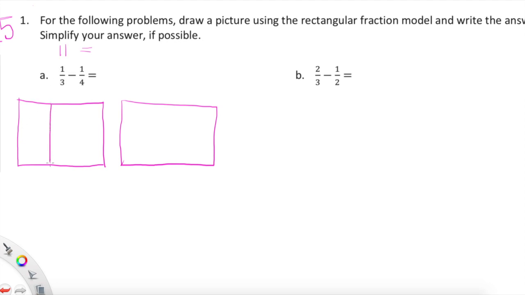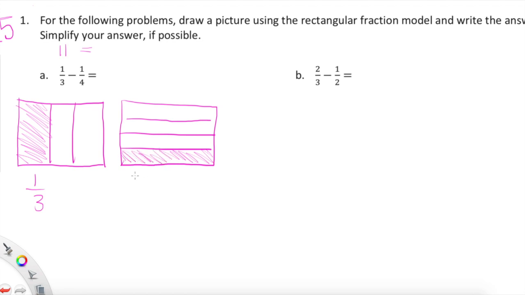So I'm going to go ahead and show 1/3. This should be pretty easy by now. So I have 1/3. And then here I'm going to show 1/4. And I'm going to shade in one of my 4 rows, 1/4.